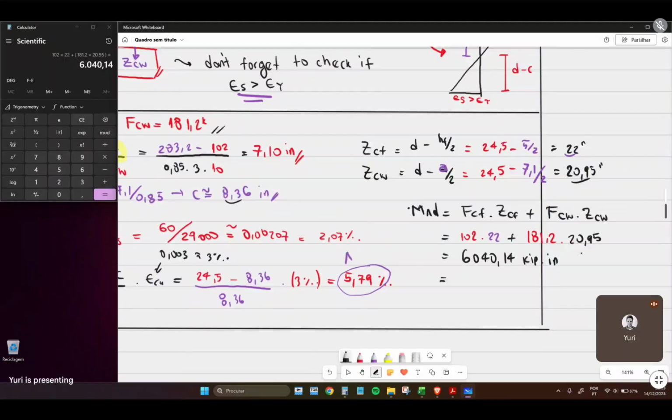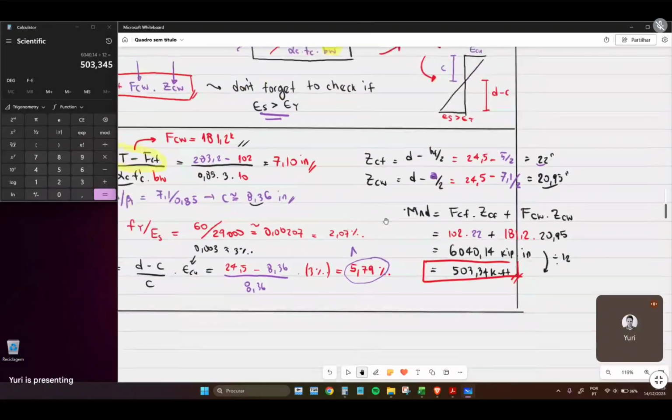To put this in kip feet, we need to divide by 12. So we just divide here by 12, and you would have 503.34 kip feet. All right, guys. So this exercise was quite simple. It's very simple to follow this guide through. I hope you liked it.